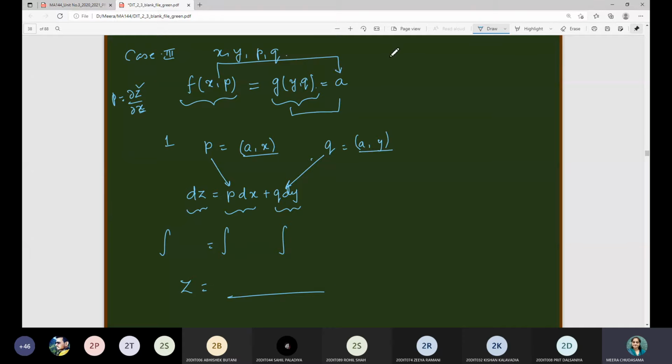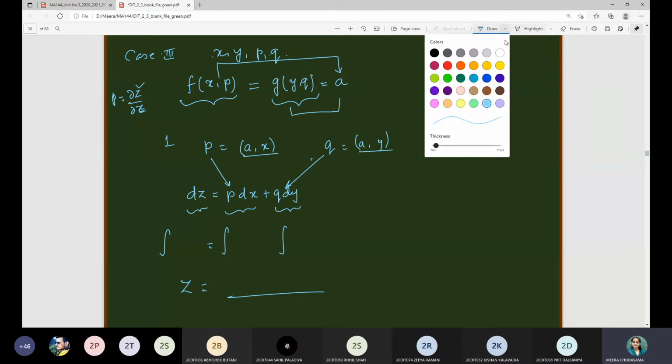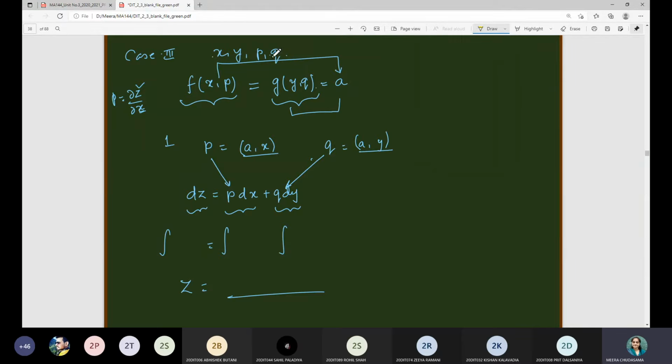Suppose your expression involves the variables x, y, p and q, where p and q are nothing but the first order partial derivatives of z with respect to x and y respectively. In that case, that expression can be converted into separable variable form. You can take the terms with p along with x, and the terms with q along with y, and they will be equal.